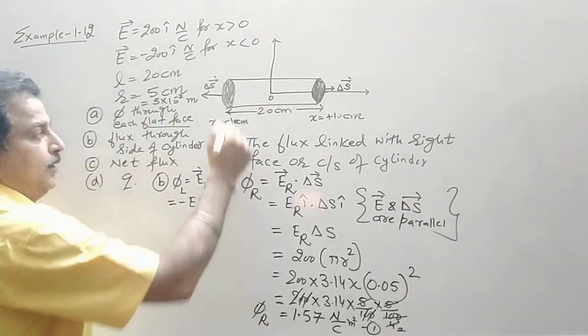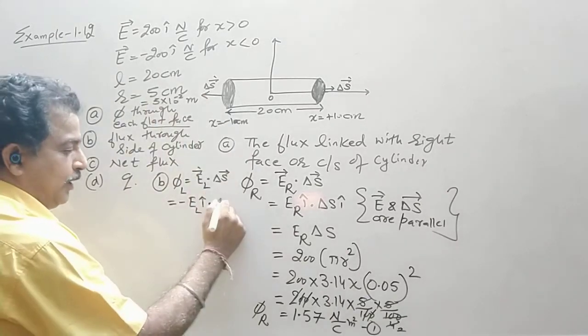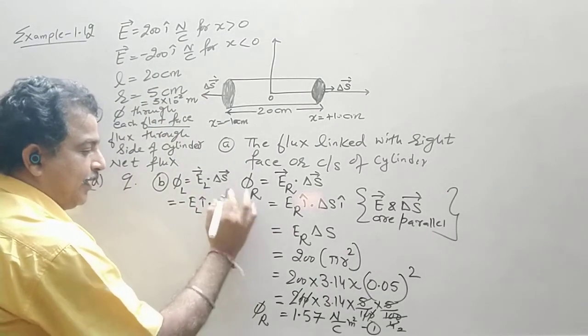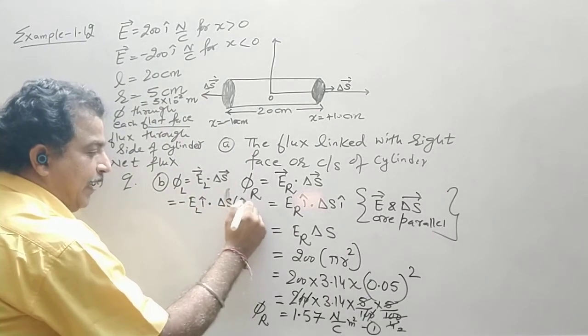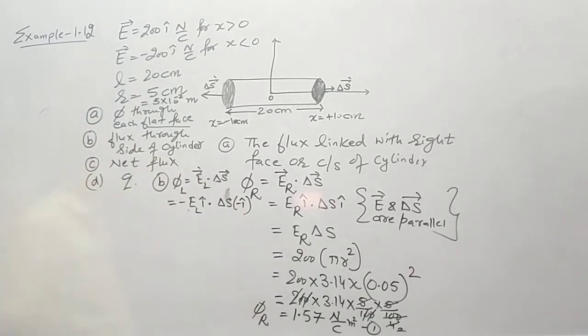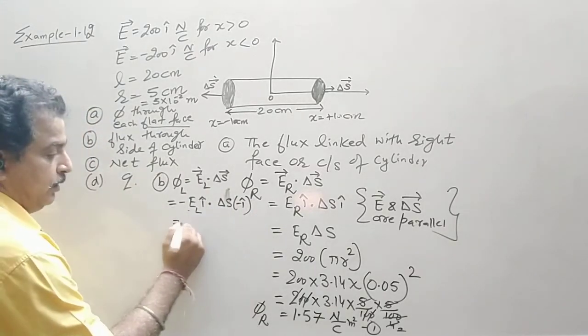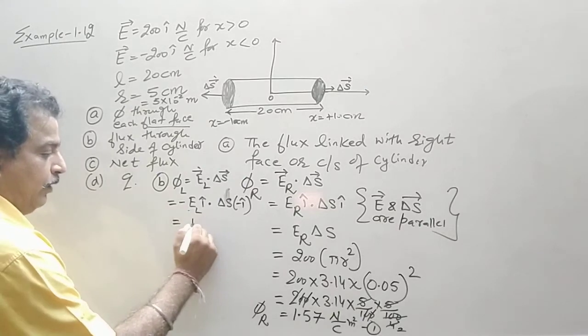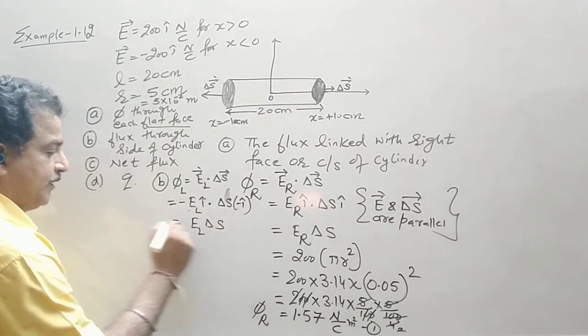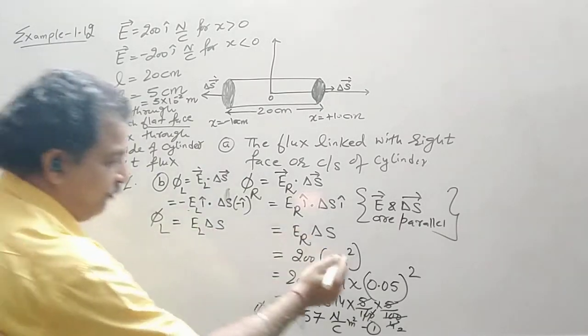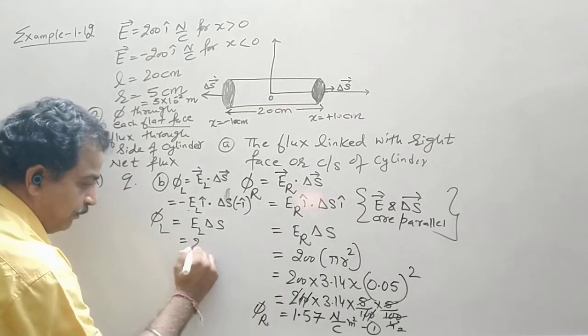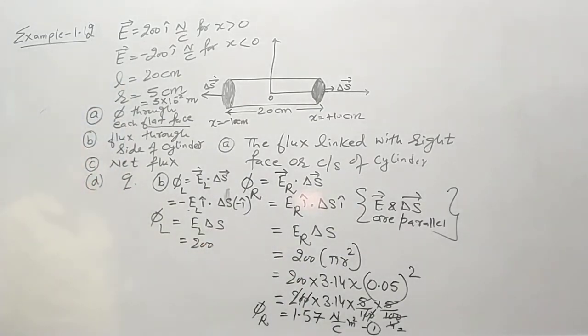Again, dot, the area vector is also along the negative x-axis, so delta S minus i cap, minus i cap into plus 1, so E_L delta S. That is the same formula because the magnitude is same.